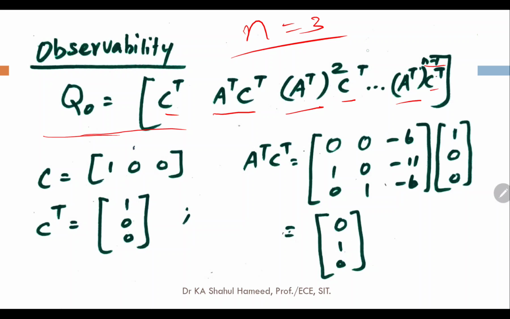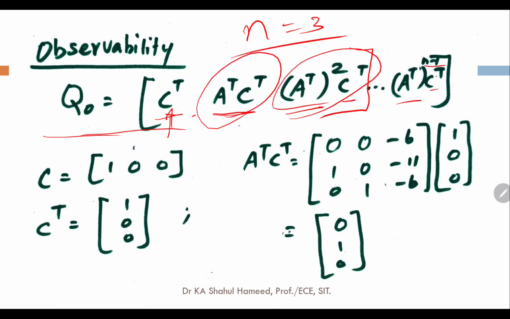When we substitute, Q naught will be C transpose, A transpose C transpose, and A transpose square into C transpose. Now we have the C matrix, and we have to find these terms, form this matrix and find the rank of the matrix.